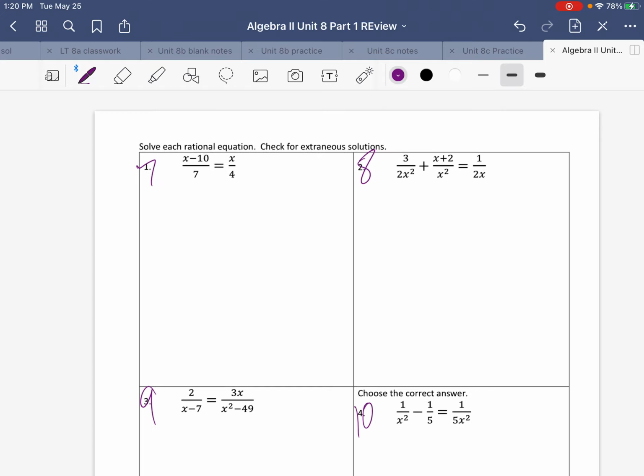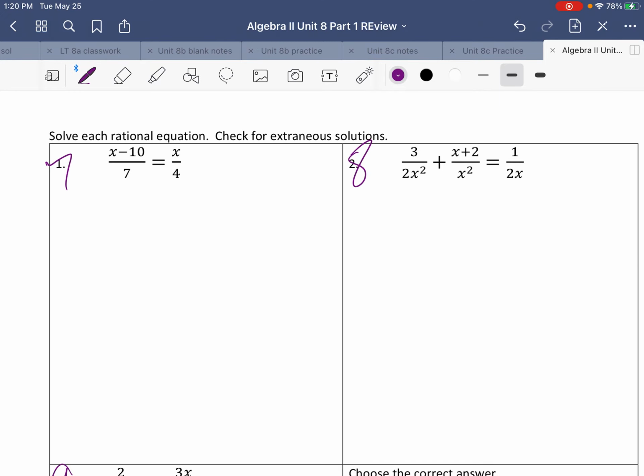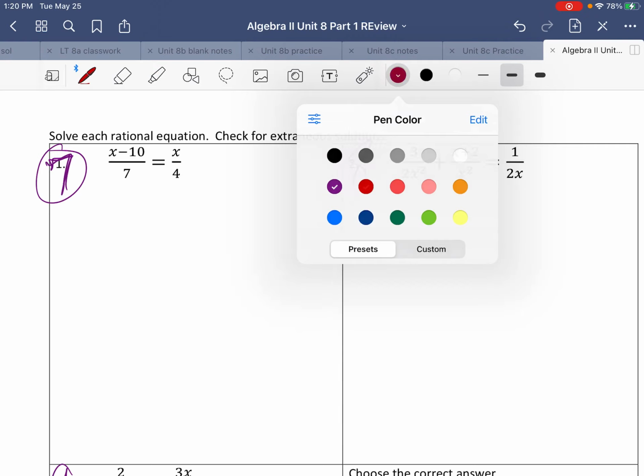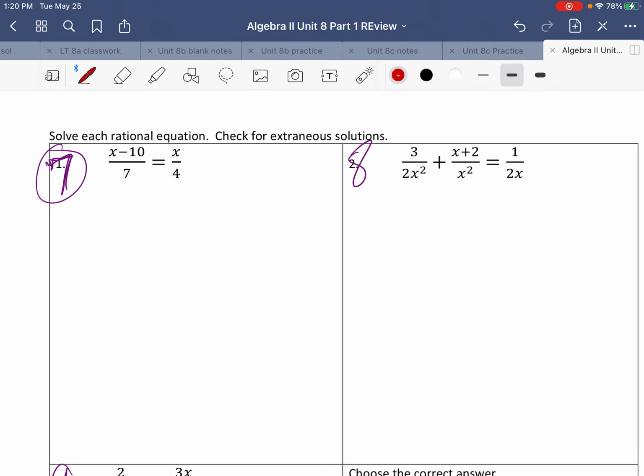Moving on, last problems. All right, I put this as number 7 because it shouldn't be number 1. But looking at common denominators now, there's nothing to factor in these monomials. Between 7 and 4, a common denominator would be 28. So I need to multiply the first fraction by 4 over 4, the last fraction by 7 over 7.